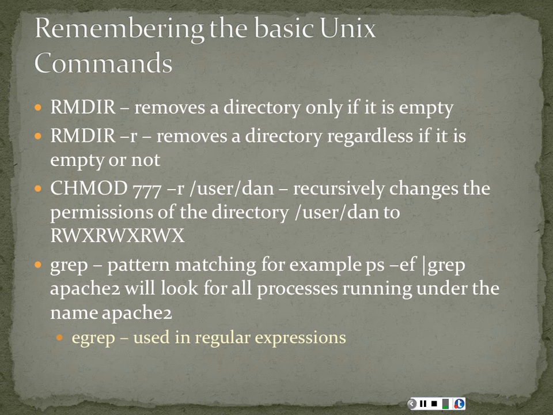chmod 777. This is one of the things I've always seen people do: they forget to make their file readable or writable, or they forget to make their script executable. So it'll just sit there and say, I'm not runnable, so I don't know what to do with it. One of the things you can do to test your script is to make sure you've got all the permissions right.